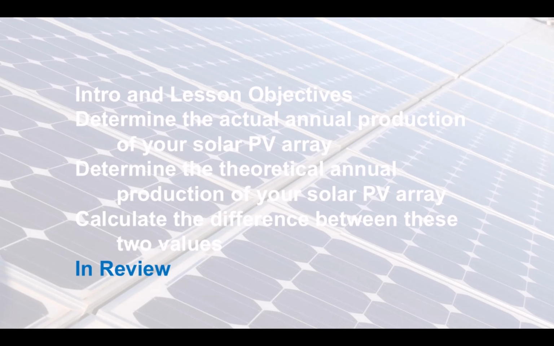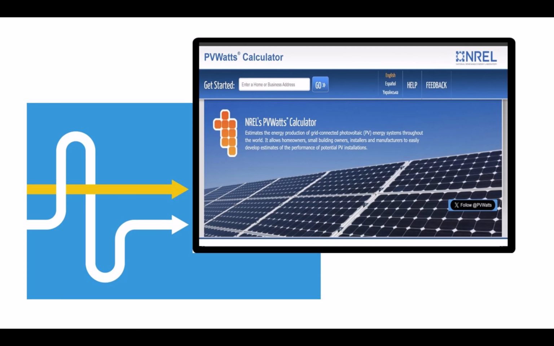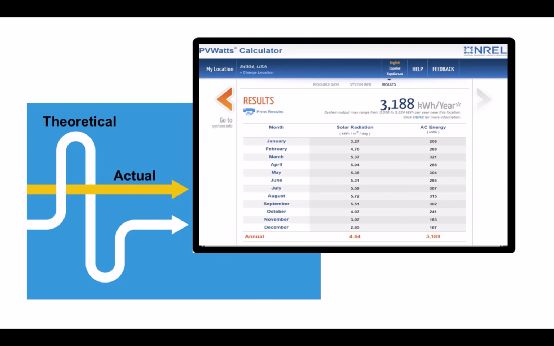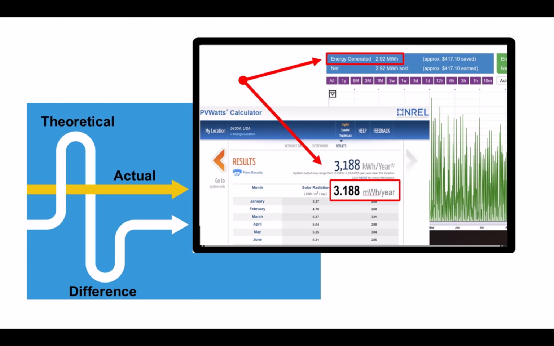In review, in Lesson 6, you've learned how to compare your school's solar PV system to the PVWatts estimating tool. First, you'll determine the actual production of your solar array. Using some straightforward input prompts, you'll estimate the theoretical performance of your solar PV array with PVWatts. Then you'll compare your results, calculating the percent difference.